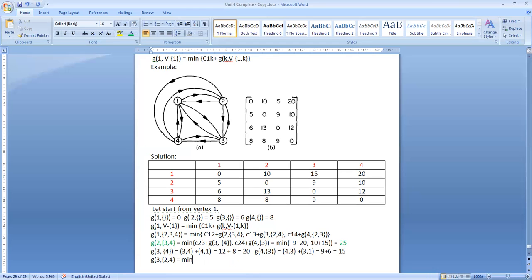Just like the previous case, G of 3 comma set 2, 4 is a minimum of: from vertex 3, visit these vertices and come back to vertex 1.